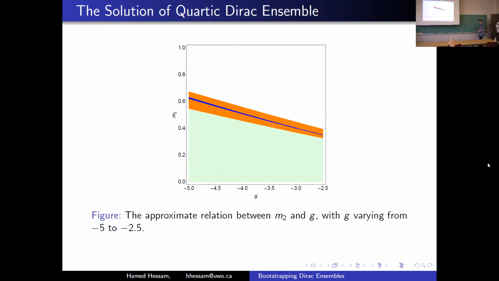Before the phase transition, M2 changes linearly with respect to G. Nathan found the formula for M2 and G, and we also get the same result here with the bootstrap method.